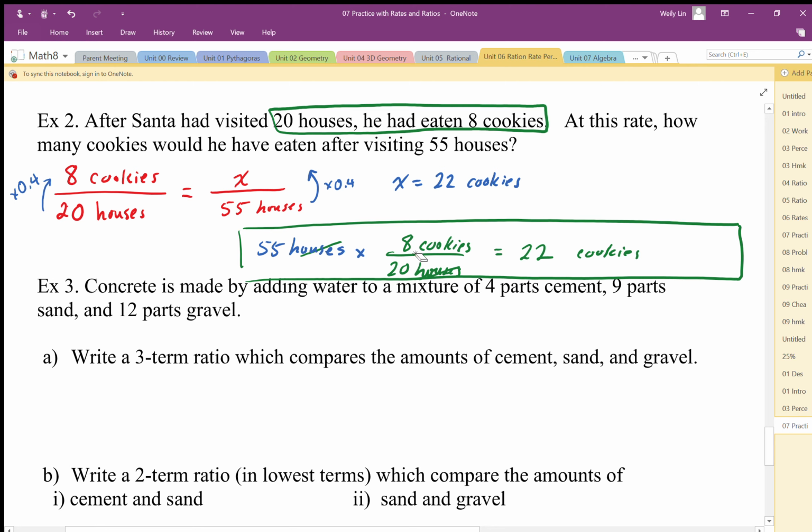In some places they call it dimensional analysis, where we keep track of the units and use a multiplication strategy to cancel out units. And this strategy is very useful when we start getting into science later on in high school, because it's going to be most effective when we do unit analysis in science.